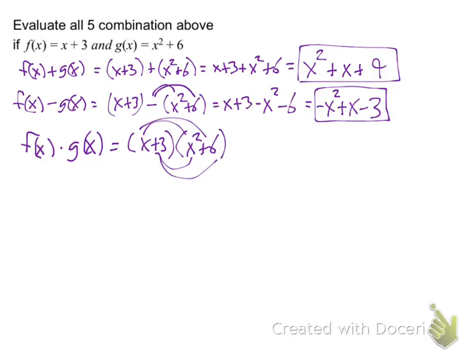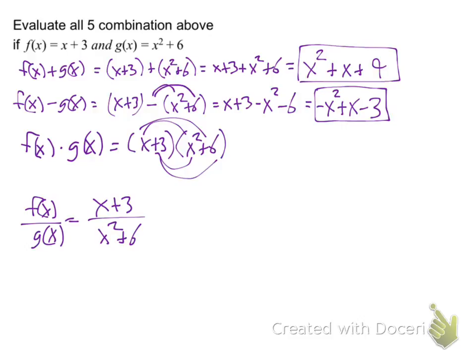The second to last one is f of x over g of x. So you're dividing the functions. And if you're going to divide the functions, we still have to write it as x plus 3 over x squared plus 6. Now, it's kind of a toss-up here. Sometimes you can do more.